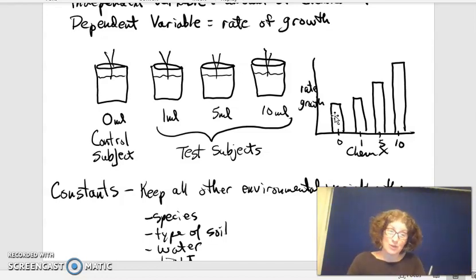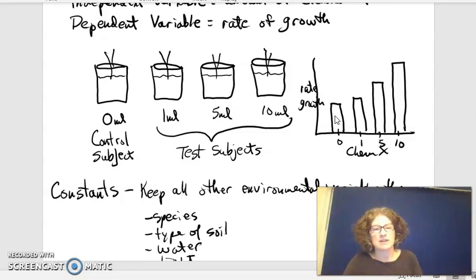So to really make sure that your experimental results are valid and that your experiment has value, you want to watch your sample size. Your sample size is something that needs to be looked at.